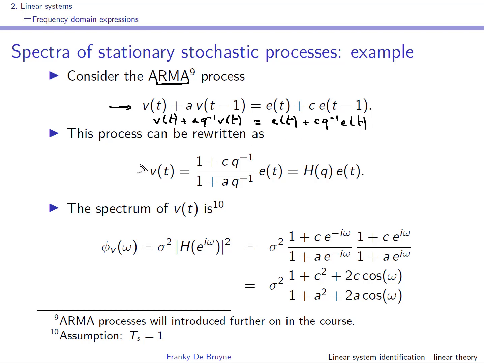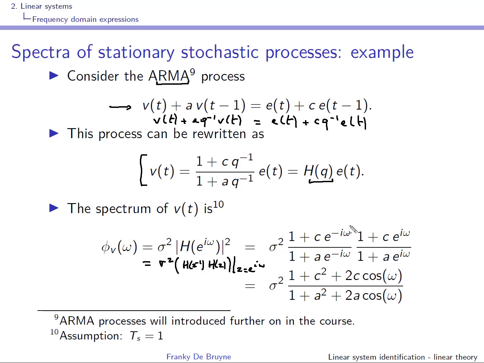If we rearrange this, this is what we obtain, where H(q) is the transfer function. So what we'll do is write sigma squared H(z^-1) times H(z) applied in z equal to e^(iω).